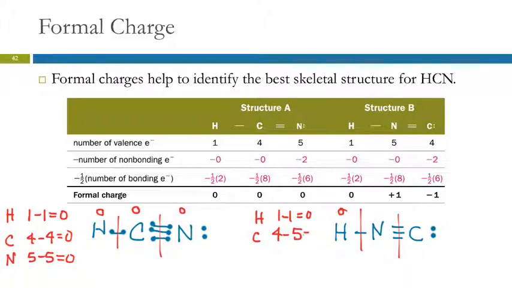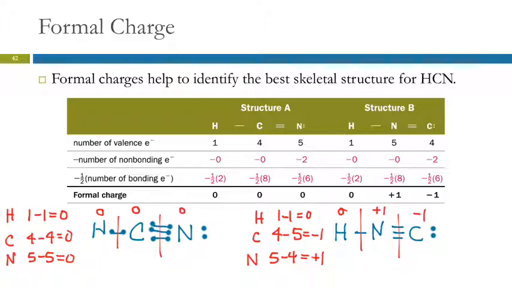So 4 minus 5, that has a negative 1 formal charge. The nitrogen brought 5 valence electrons to the structure. If we cut all the bonds in half, it's going to leave with 4. And so its formal charge is going to be plus 1.